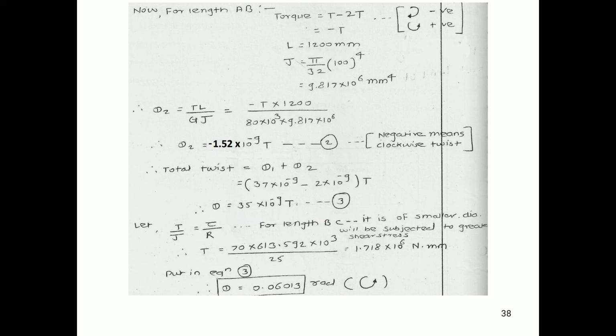Now we will use the torsional formula to find out the value of theta. So we have the torsional formula G theta upon L, tau max upon R and T upon J, and all are equal.